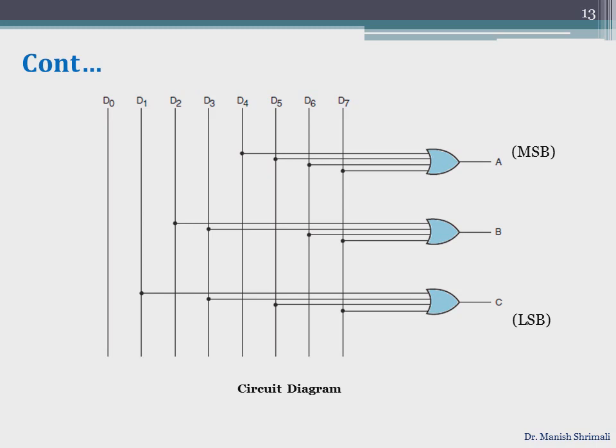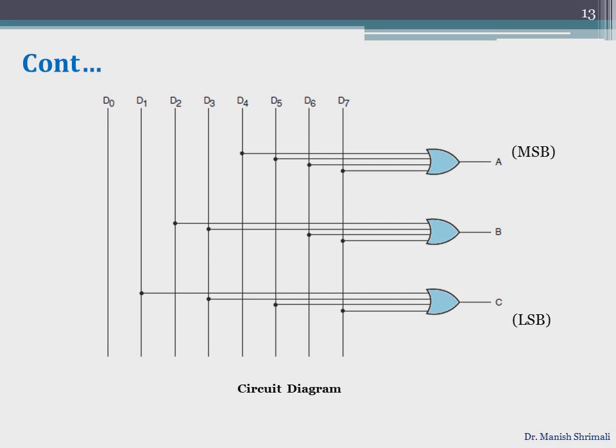Similarly you can see the working of D4, D5, D6 and D7. In the case of D7, it is connected to all three gates, so it results in the output 111, which is again the binary code of 7. So this is about the working of this encoder.